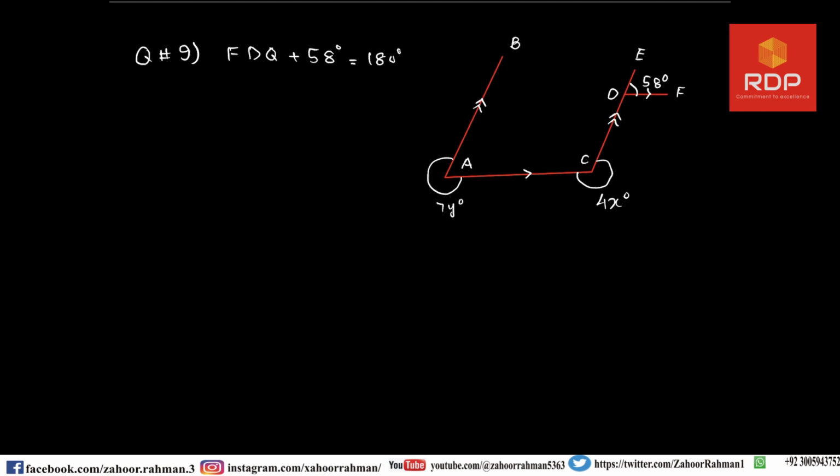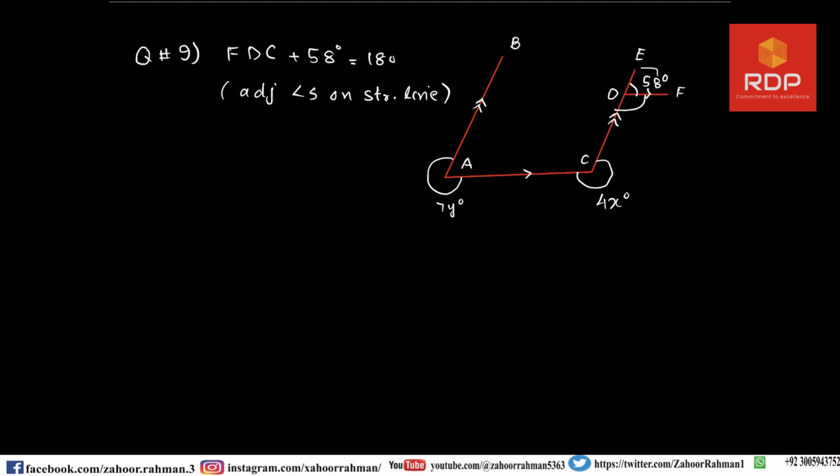Now this angle FDC, which is this angle, because it is lying on the straight line, we have to write adjacent angles on a straight line.